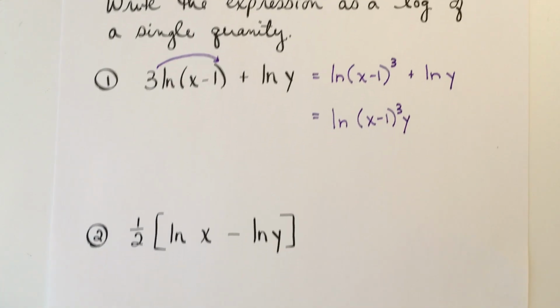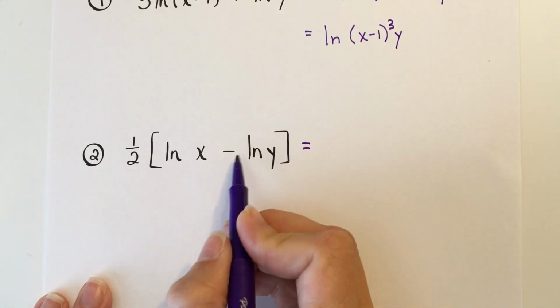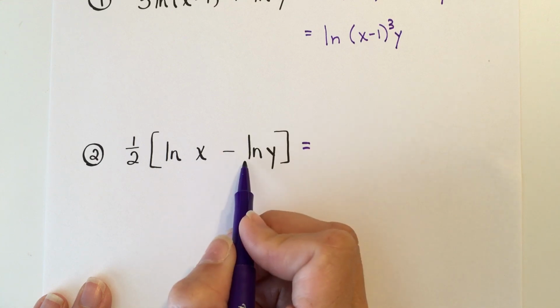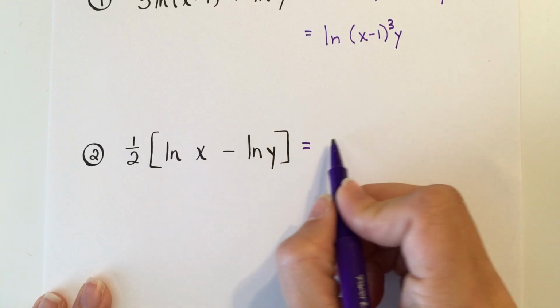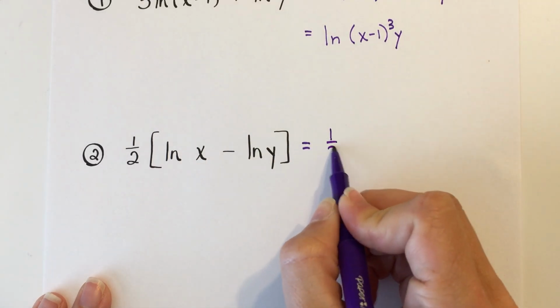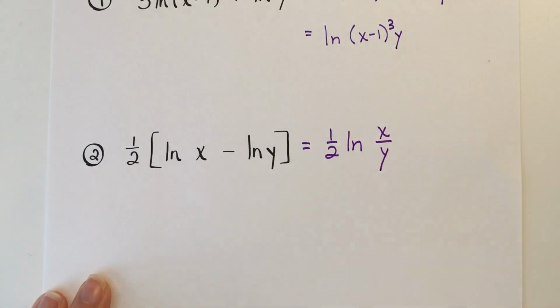Okay, now on this one, there's actually a couple of different ways you could do this, but what I would suggest that you do first is deal with what you have inside the bracket here, or it could be a set of parentheses. Since these two are separated by subtraction, that means that when I put it back together, that's going to give me a fraction. Just like a while ago when I had a fraction, I separated with subtraction.